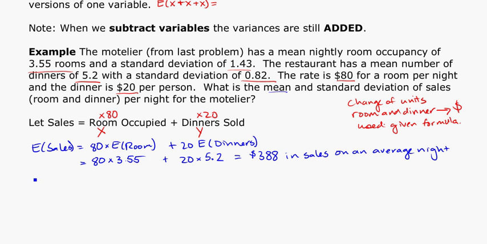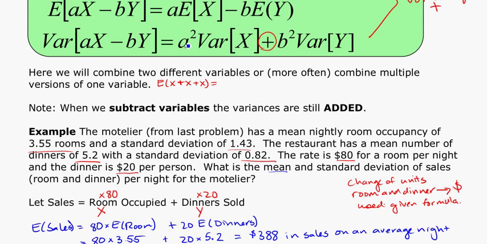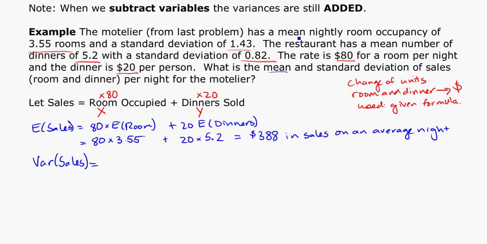So the variance of the sales is going to be equal to, and remember when you look up here, the variance is always squared, and squared in this case because we're changing units. So here it's going to be $80 squared times the variance of the room plus $20 squared times the variance of the dinner.